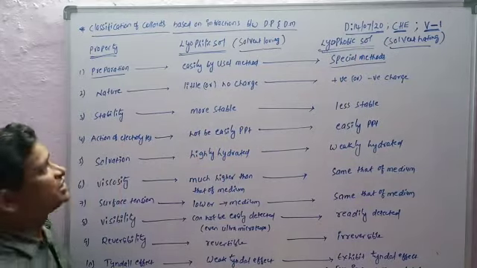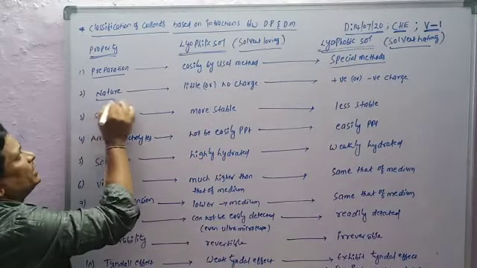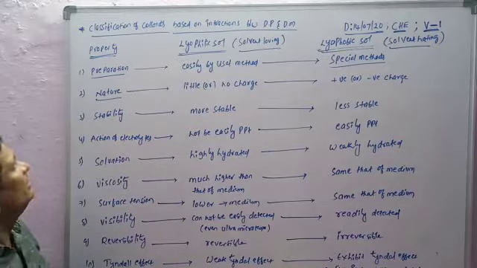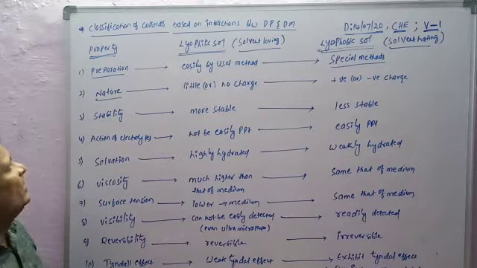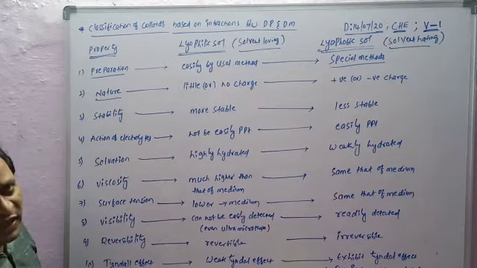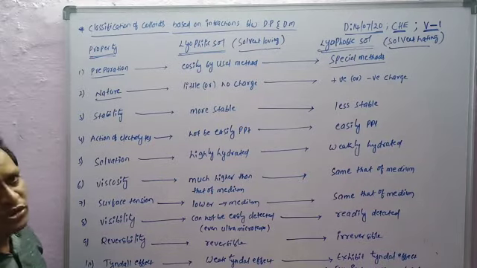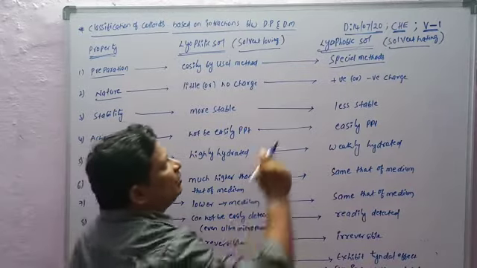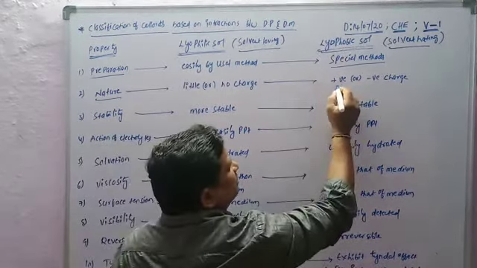The second property is nature. Lyophilic sols carry very little or no charge, but lyophobic sols have positive or negative charged particles.